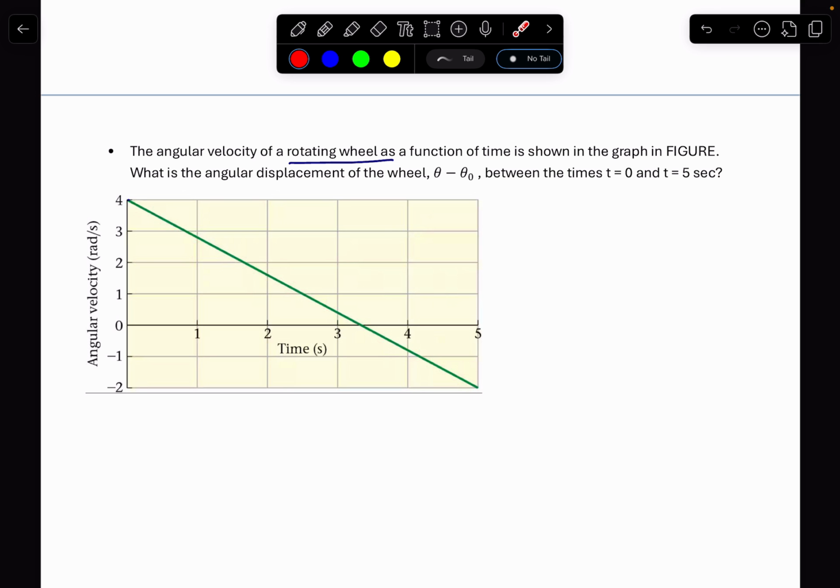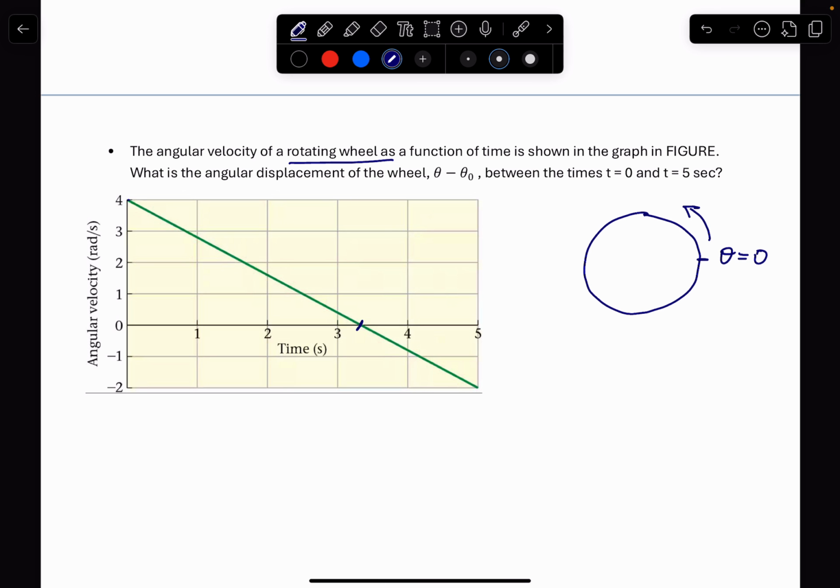So this means if let's say the wheel started rotating from theta equal to 0, it first had a positive velocity and then it slowly stopped, and then after time 3 point something it started having a velocity in the negative direction.